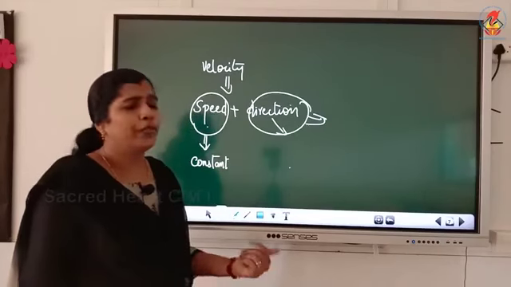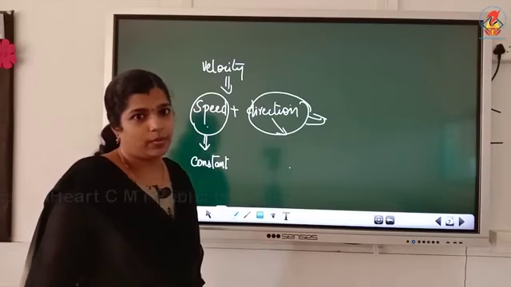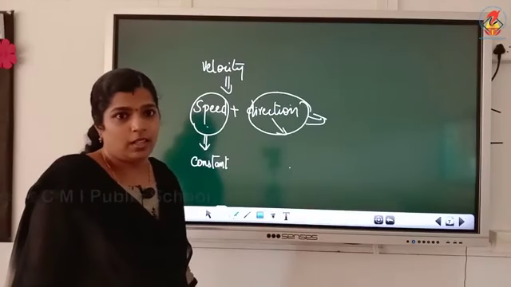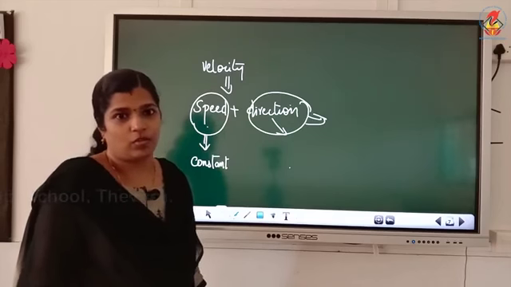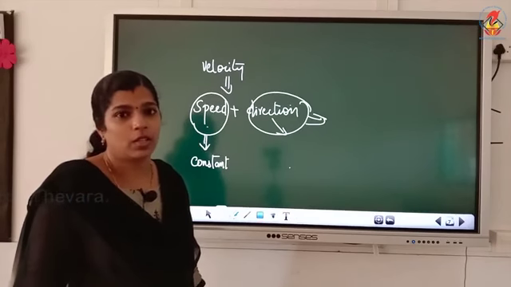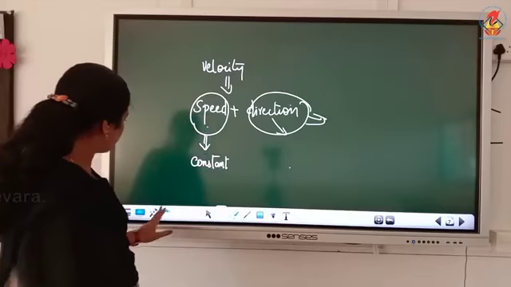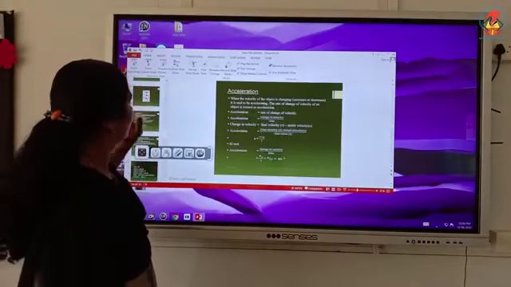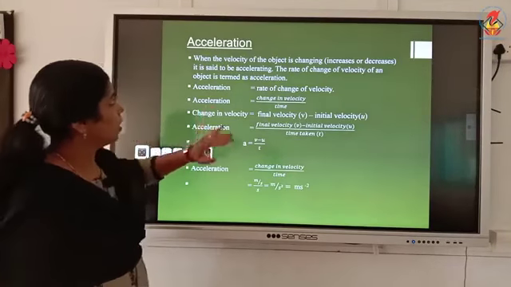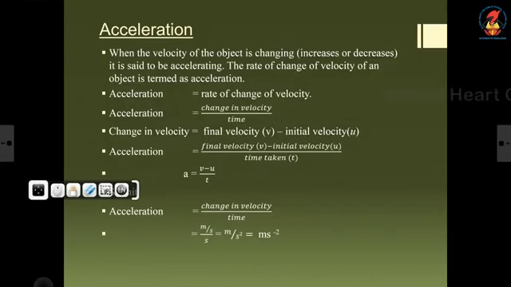If the velocity of an object is changing, change in velocity by time is known as acceleration. When the velocity of an object changes, increases or decreases, that is said to be accelerating.